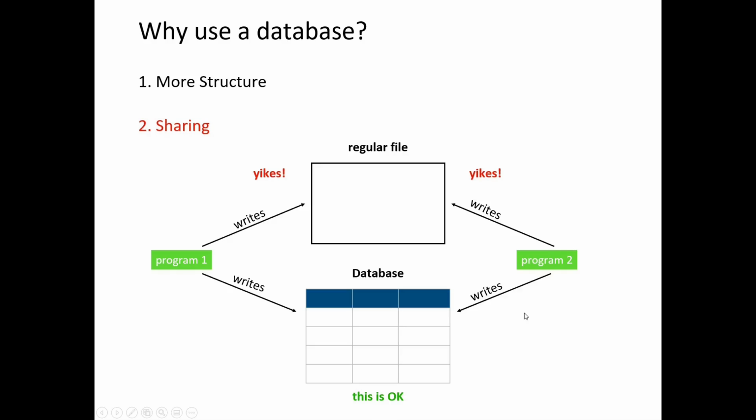However, the problem comes in when we want to write to the file. I think I mentioned this a moment ago, but if program 1 wants to write something at the same time program 2 is writing, we might get a little bit from program 1, a little bit from program 2, then a little bit from program 1, etc., and we're going to get garbage. Databases deal with this seamlessly. It's no problem. They have a mechanism to keep track of who's writing and what to do.